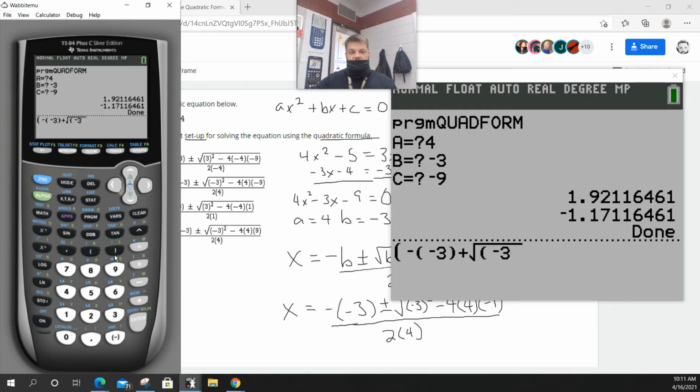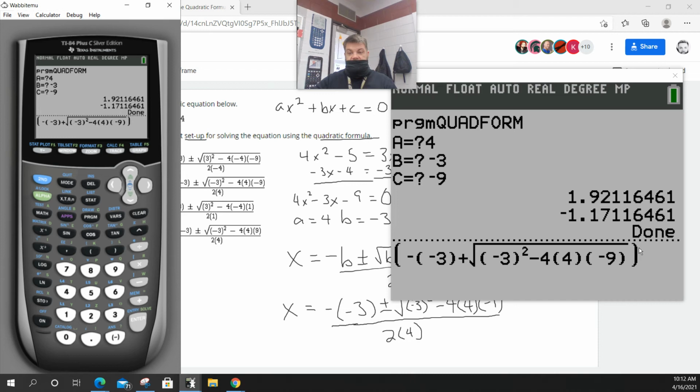Negative 3 squared. Now you got to use the minus sign because we're subtracting 4 times a, but a is 4 in parentheses, times negative 9. Use the right cursor. Come out of the parentheses, then close the parentheses.